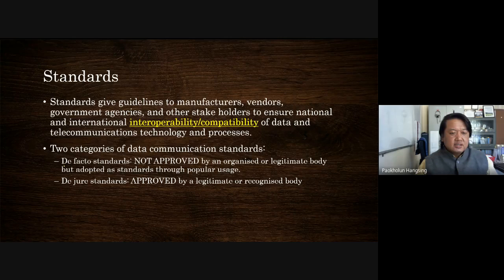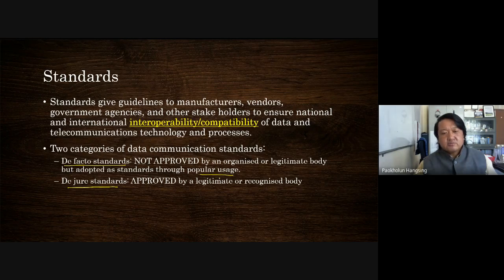One is de facto standards, and the other is de jure standards. What are de facto standards? De facto standards are standards which are not approved by an organization or a legitimate body like a government body, but which are already adopted through popular usage.